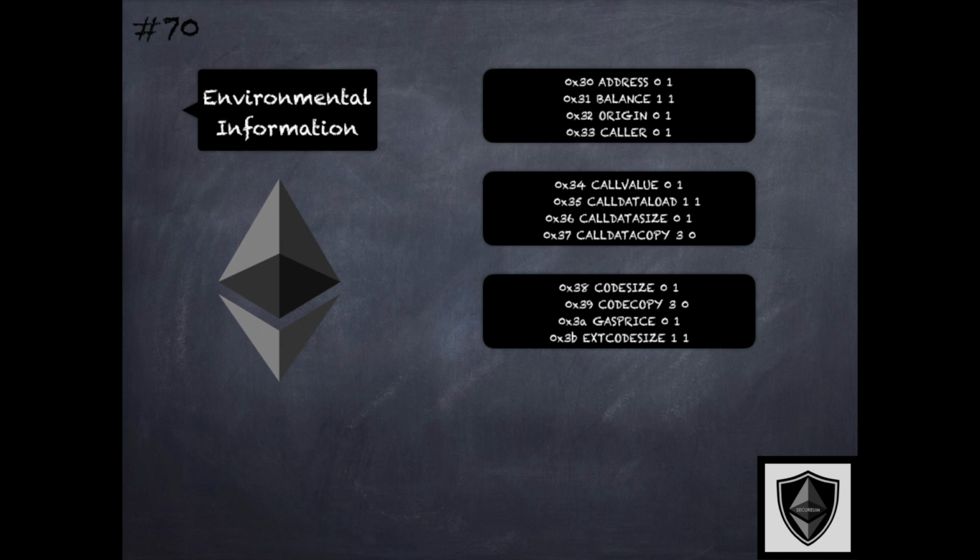And then you have a set of instructions that let you query an external contract account. Ext code size gives you the size of the specified account's code. Ext code copy copies the specified account's code to memory.